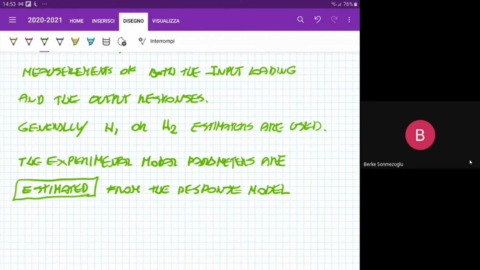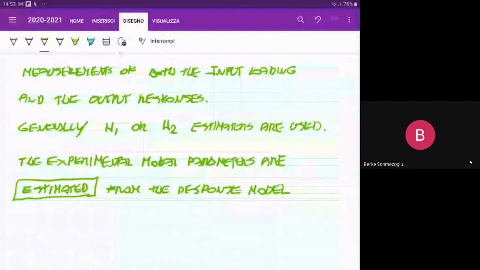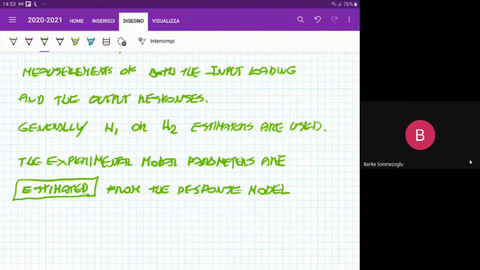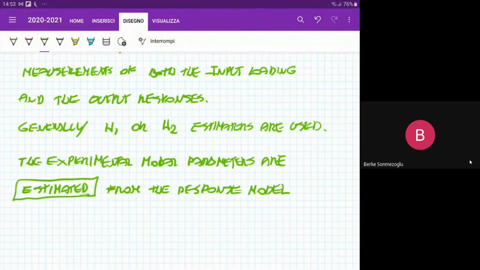It is, generally speaking, the solution of a minimization process. Okay, and so we have to find the best solution for the given estimated FRFs. We will see this later on, so we will enter into more details into this estimation process.